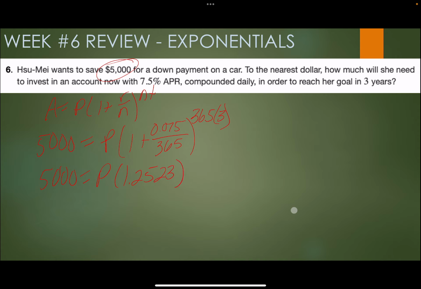That's rounded. Now if we take 5,000 and divide it by the answer we got, I get that her initial investment needs to be $3,992.67 if she wants to reach her goal in 3 years. Okay, hopefully you got that as well.